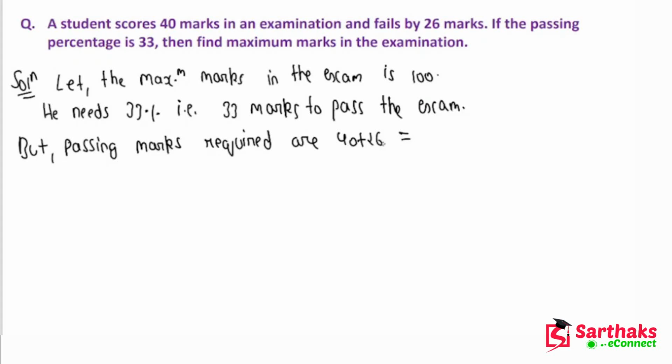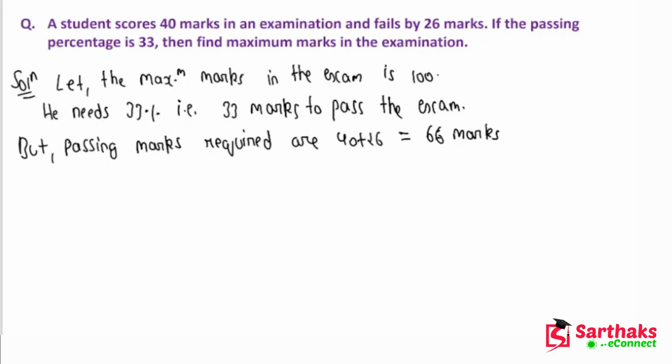So the passing marks were 26 more than 40, that is 66 marks. So for 100 marks, passing marks are 33. So you can clearly analyze that for 66 marks, the paper would be of 200 marks. So 200 is the answer, but let us calculate using the unitary method.